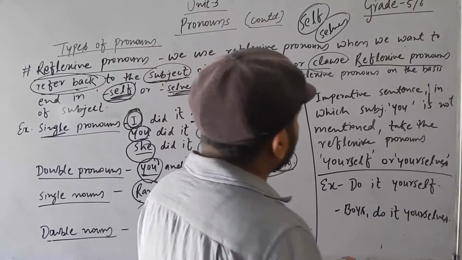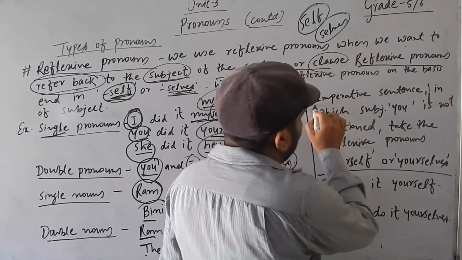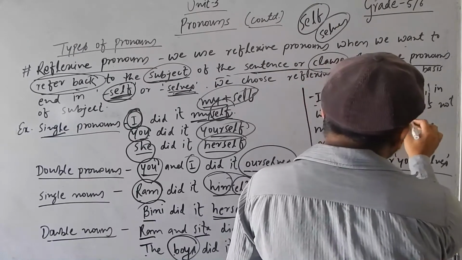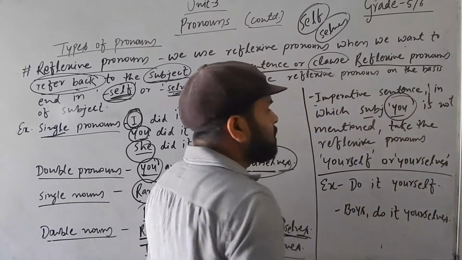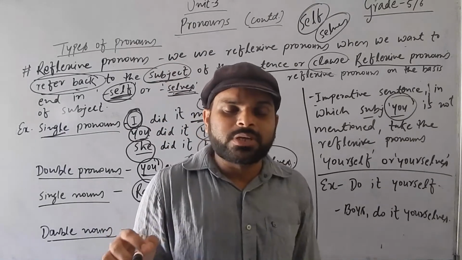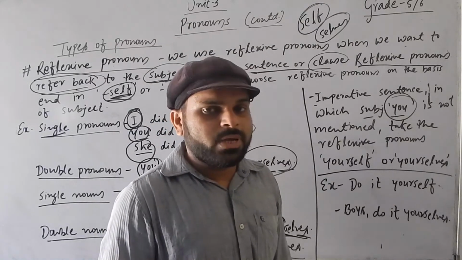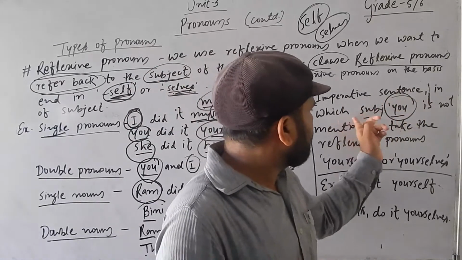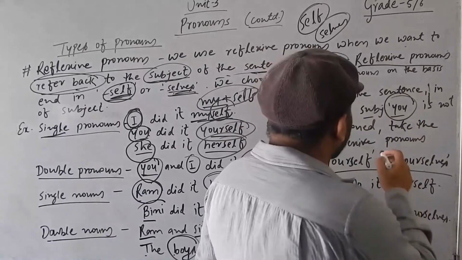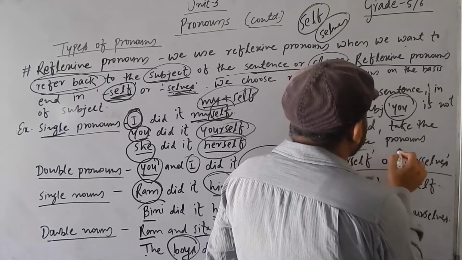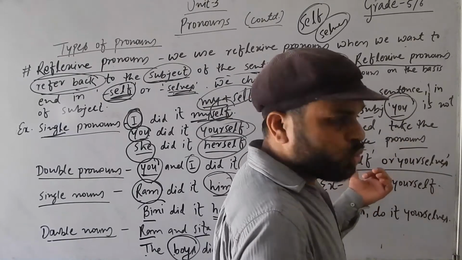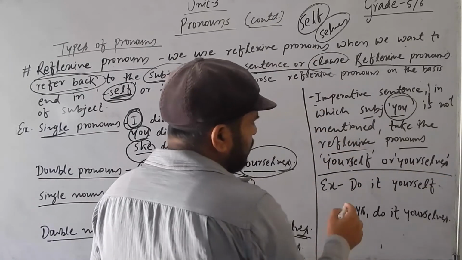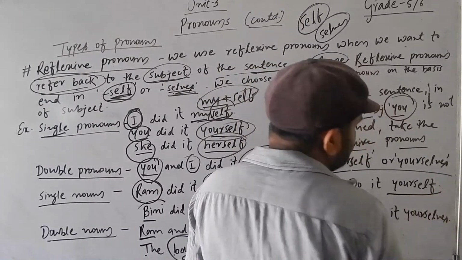One important thing here is the imperative sentence in which the subject you is not mentioned. You might have read about sentences in your previous classes. So in an imperative sentence in which the subject you is not mentioned, we take the reflexive pronoun yourself or yourselves, like do it yourself.